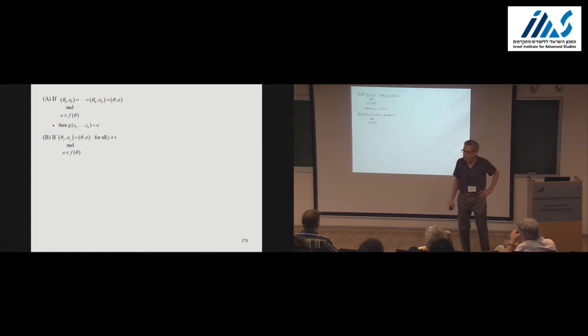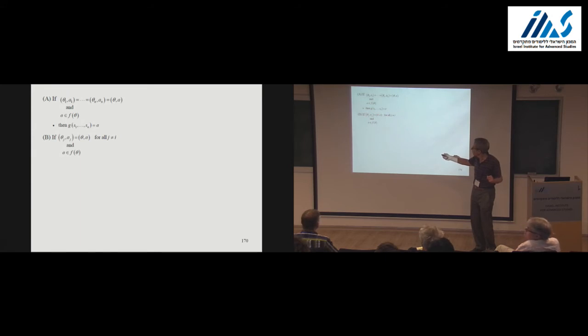Case B is exactly the same as case A, except that there is one player, player I, who is deviating. So everybody else is announcing the same state, theta, and the same outcome A, and A is optimal for that state.